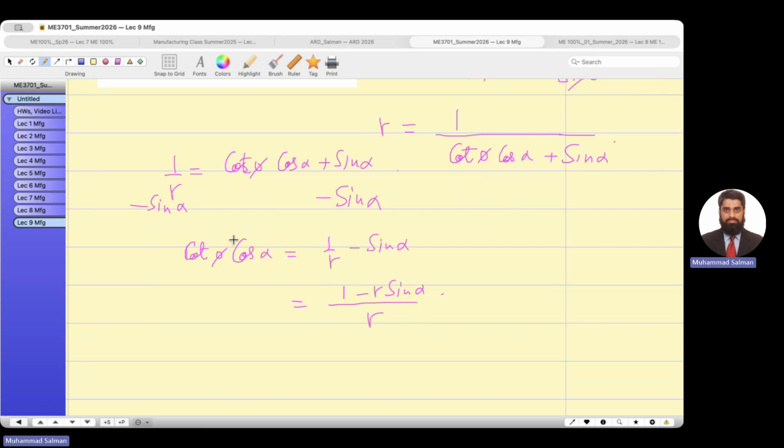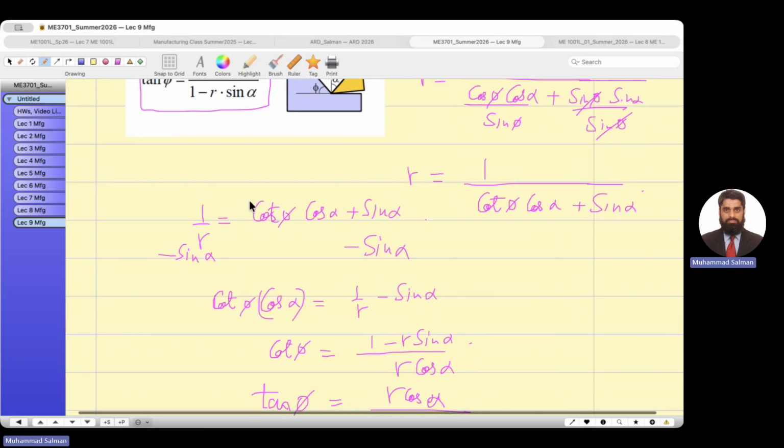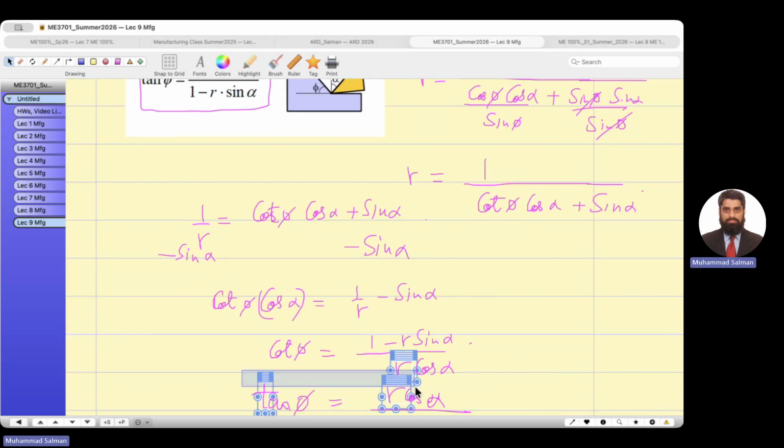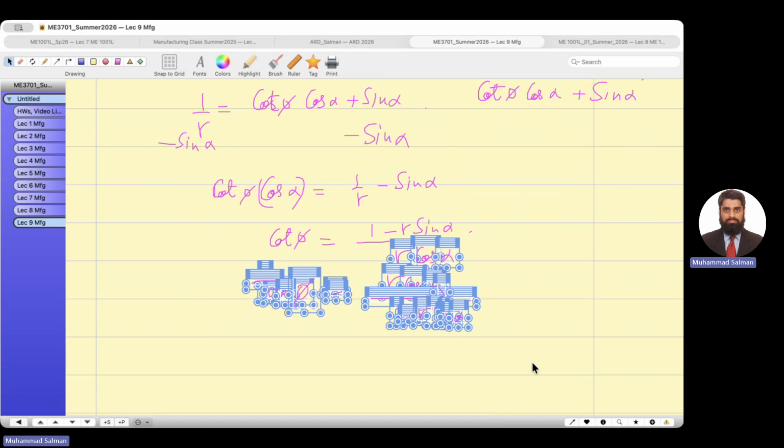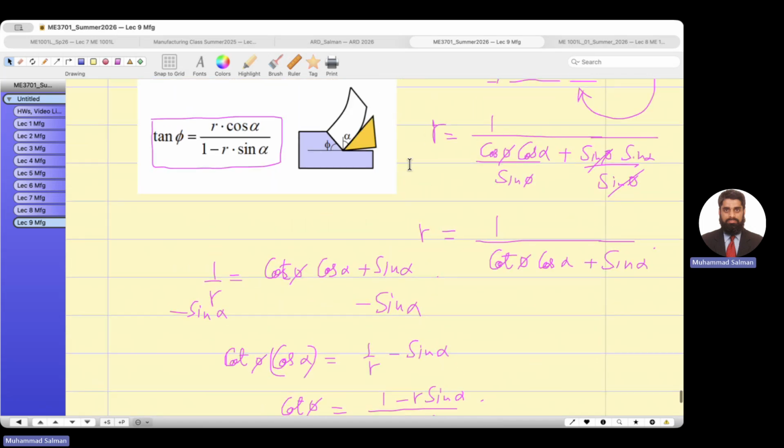And if you bring this to the denominator, you can write cot phi equals r cosine alpha over 1 minus r sine alpha. Agreed? And now cot is 1 over tangent, so tangent phi equals r cosine alpha over 1 minus r sine alpha. It's the same thing which we just studied earlier. So let me show you, this one is the same thing.